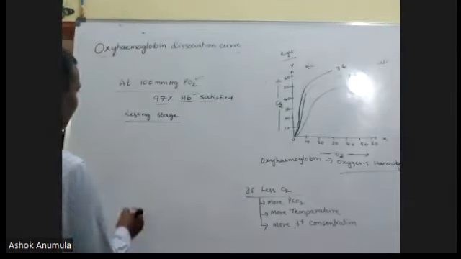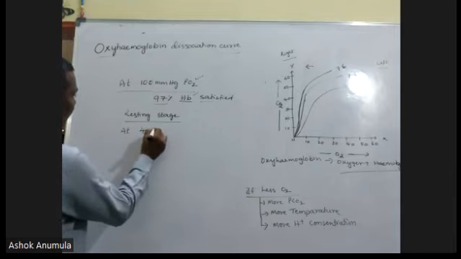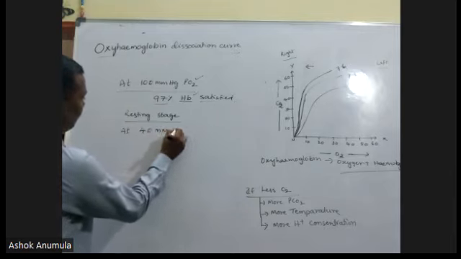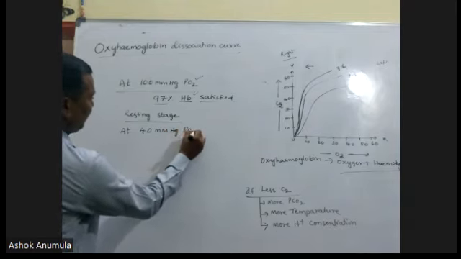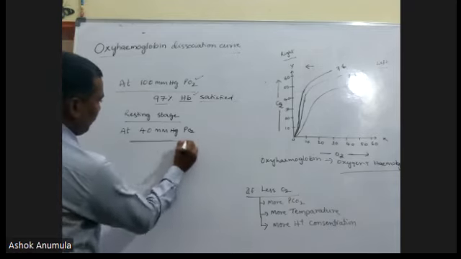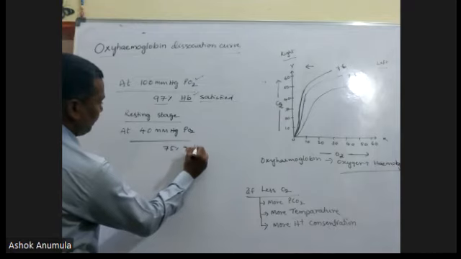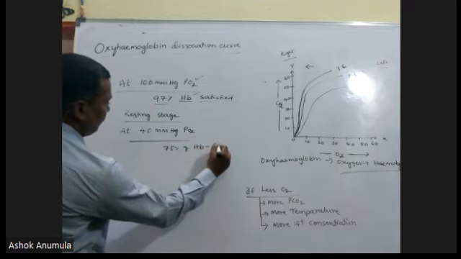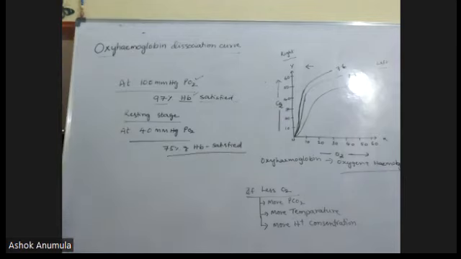At resting position, at 40 mmHg of PO2, 75% of hemoglobin is satisfied.